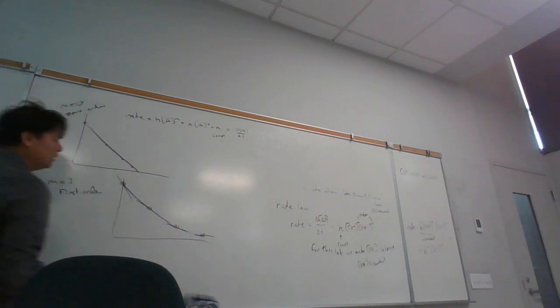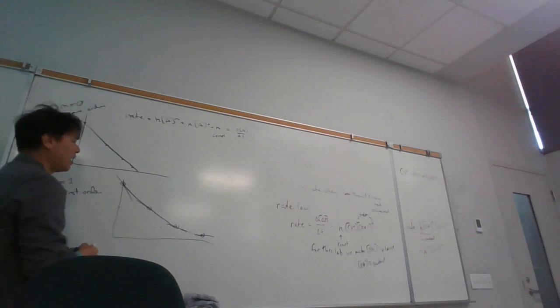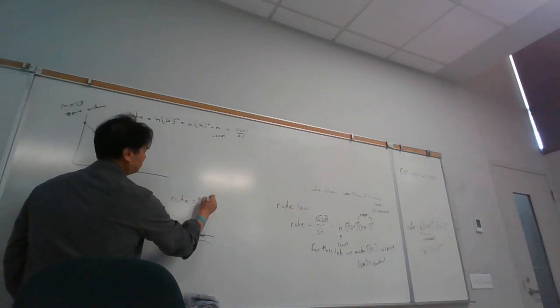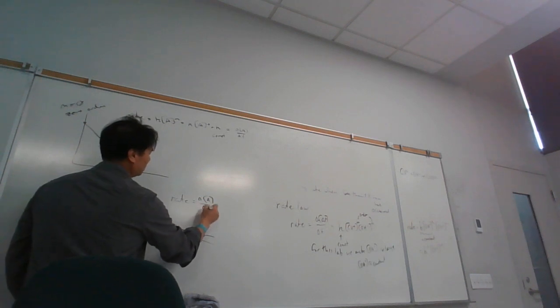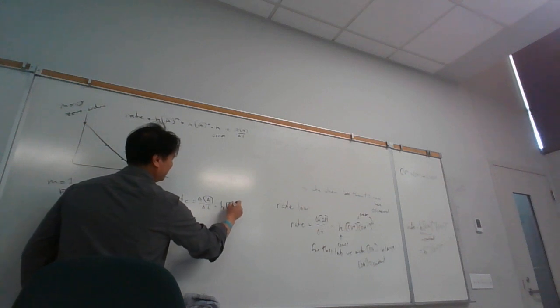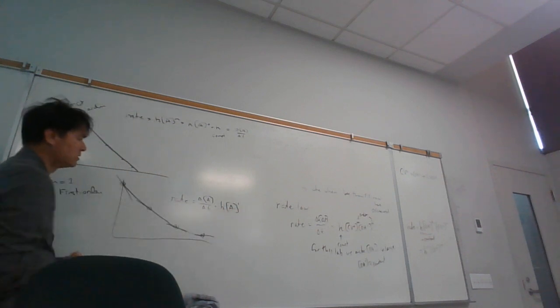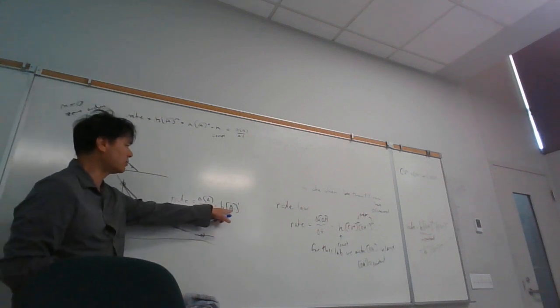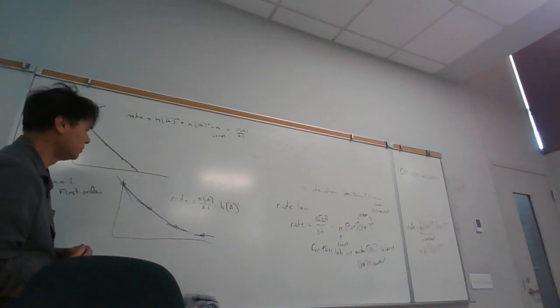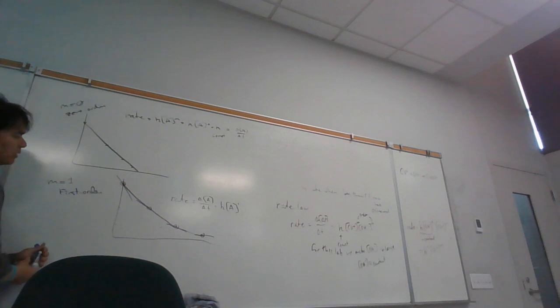And so each time I cut the concentration in half, the slope gets cut in half. And that means the rate, which is equal to delta A over delta t, is equal to k A to the first power. And so if A gets cut in half, that's 1/2 to the first power, which means the slope gets cut in half.